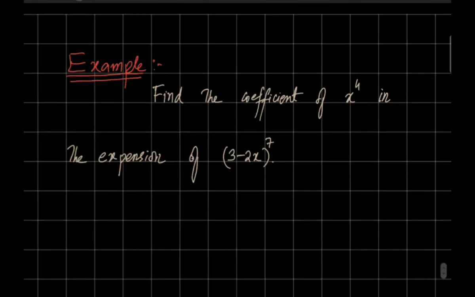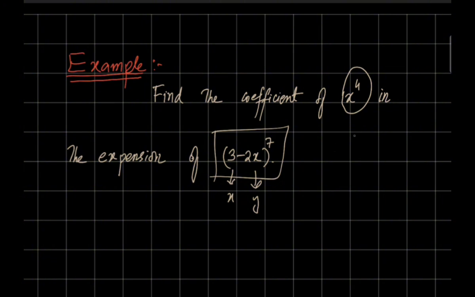So look at the very first example below. In this example, we have to find the coefficient of x^4 in the expansion of this expression. You know, this expression has two terms. This is x and this is y.